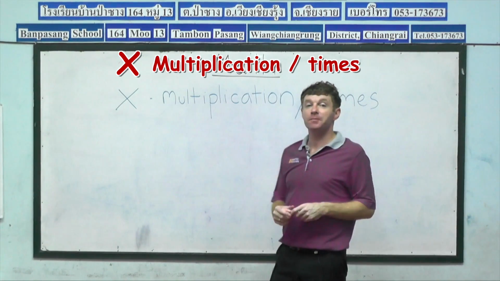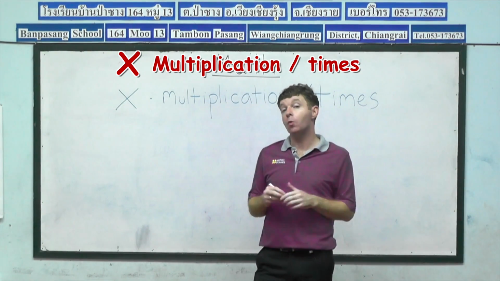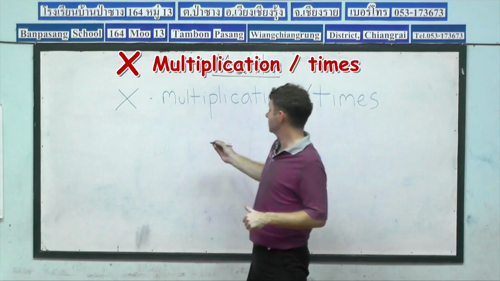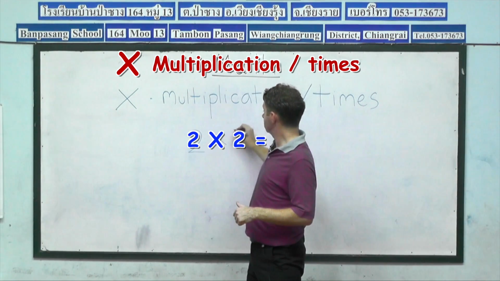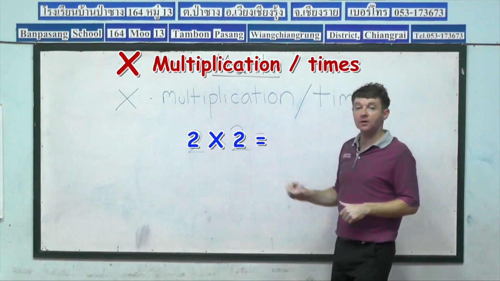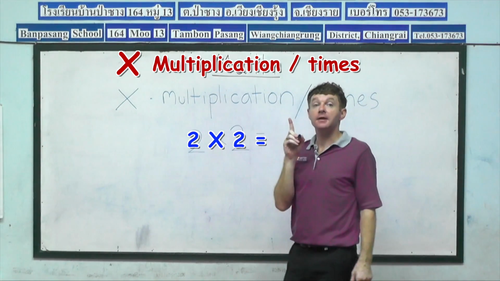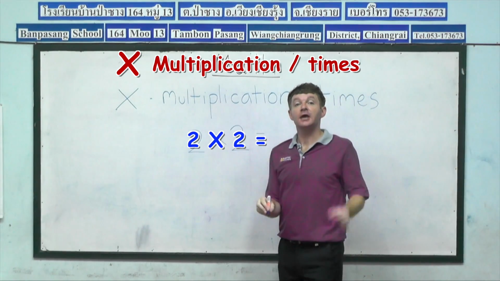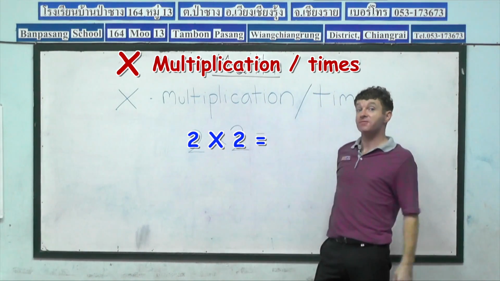So let's begin by doing a couple of simple multiplication sums so that we know what we're talking about. And we'll start very simply. What's that multiplication sum you can see on the board, guys? 2 times 2. Now what times means is we just take the number that we're timesing by a number of times.